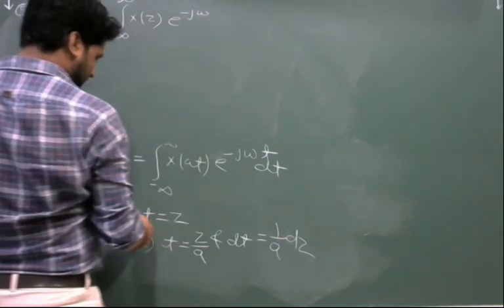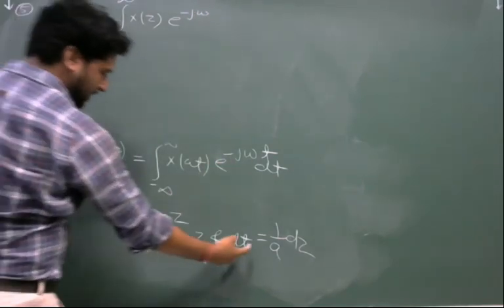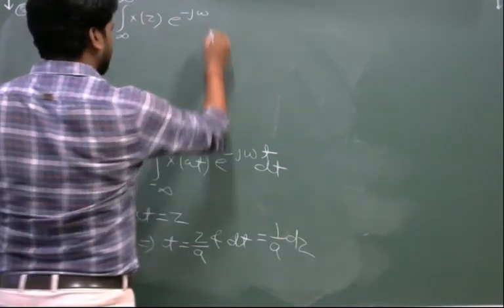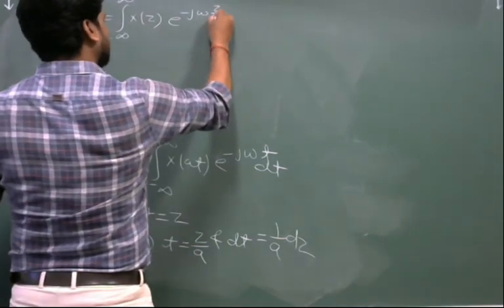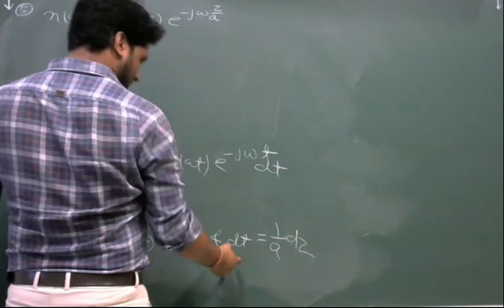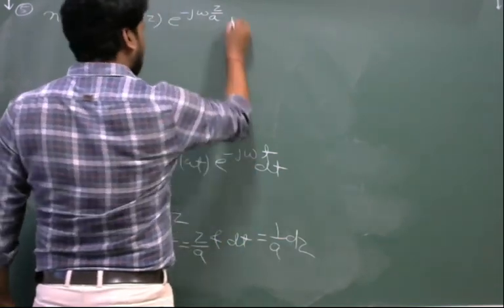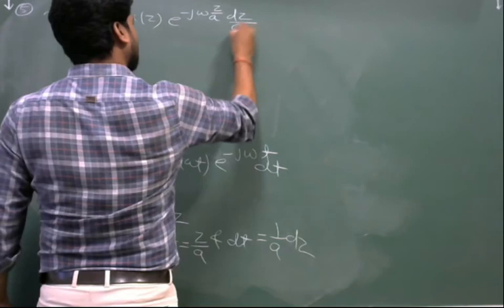In place of t I put z by a, meaning omega into z by a, and in place of dt I write dz by a.